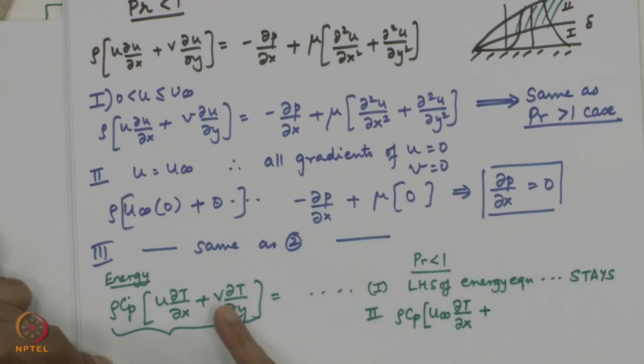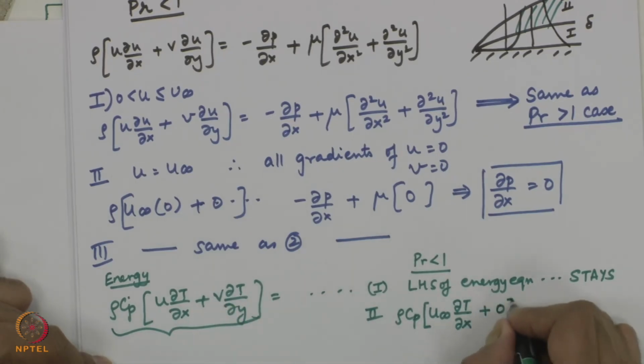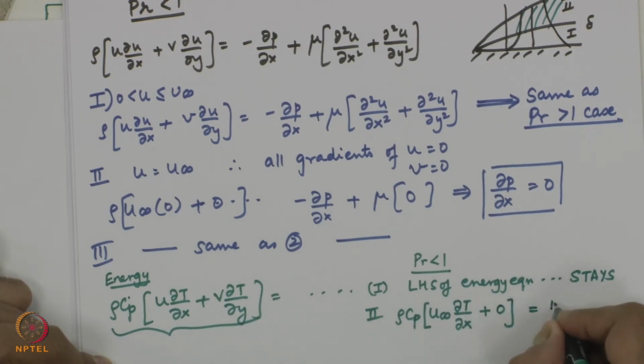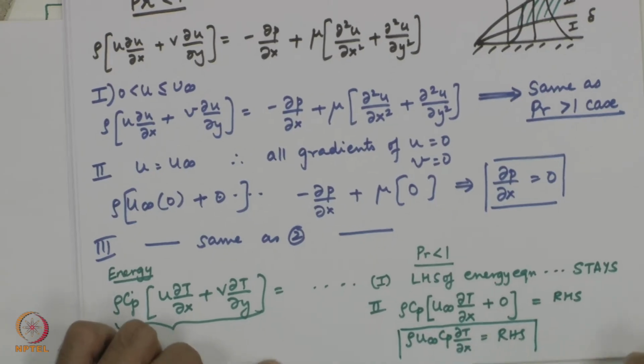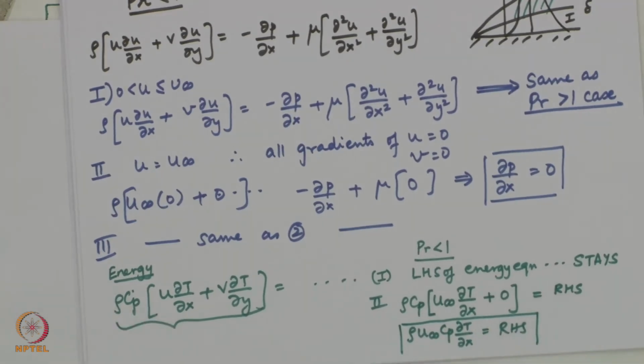V is 0 in region 2, so this term will vanish, and the right hand side will also have several simplifications. I am just trying to highlight a very important thing here. I have got one simplification already on the left hand side. I have not gone to the right hand side.